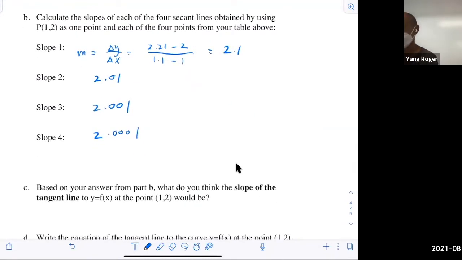I have a question for you. Should I say the limit as x approaches 1 of my function, x squared plus 1, minus the y value of 2, divided by x minus the x value of 1?